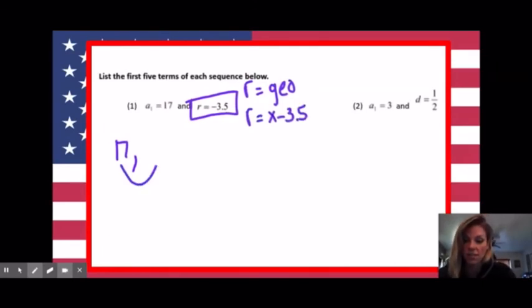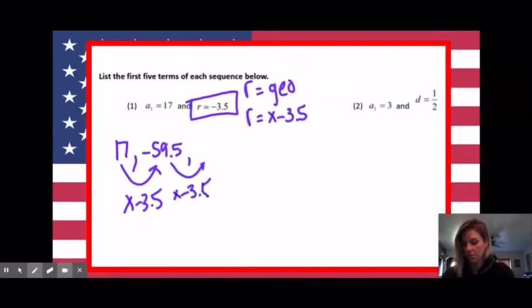So if I have 17 and I multiply it by negative 3.5, I get negative 59.5. And then to get to my next number, I'm going to take that and multiply it by negative 3.5. And I get positive 208.25. I'm going to continue till I get to the fifth number.